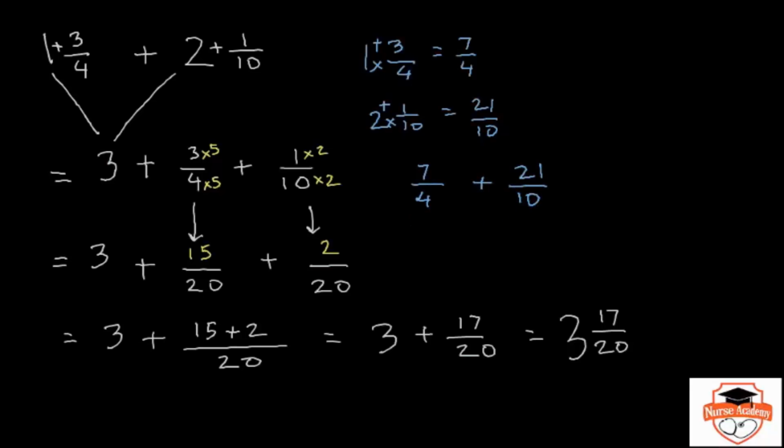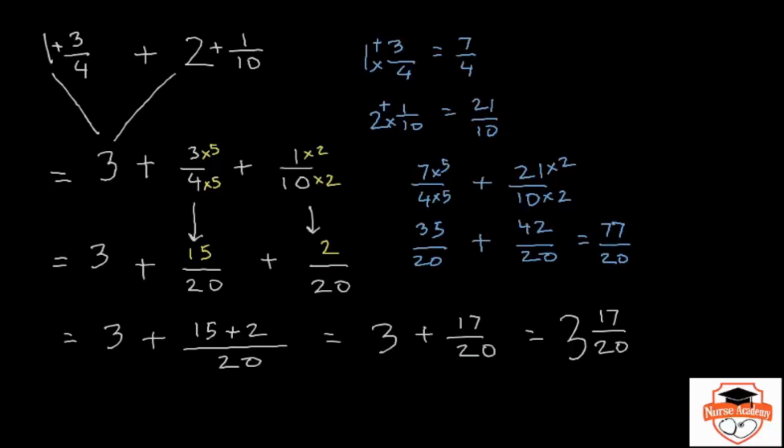Change them, 4 and 10 changes to 20. So you have over 20, you have over 20, plus multiply 7 with 5, multiply 10 with 2 to get a 20, and multiply 21 with 2. 7 times 5 is 35, 21 times 2 is 42. So we have 42 plus 35, that's 77 over 20.